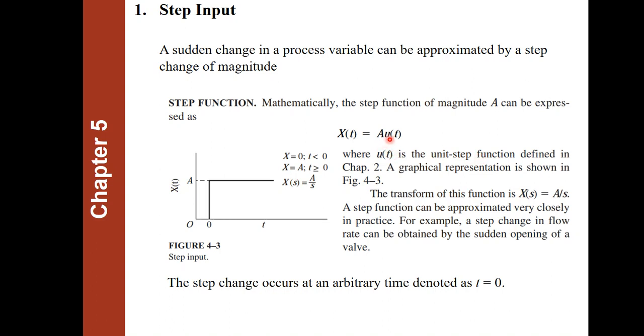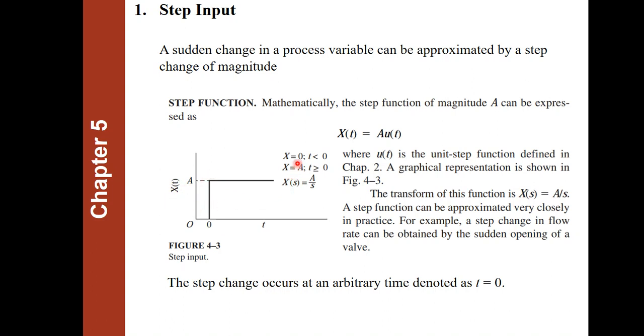In here, our magnitude for the step function is A. On the left, you get to see the graphical representation of a step input of magnitude A. The reason you are seeing this vertical line projected to the right is for you to see how high this vertical line is from the horizontal axis t. Actually, it's right on the origin, but it was shifted to the right just for you to see what is really happening in terms of magnitude of change to x.